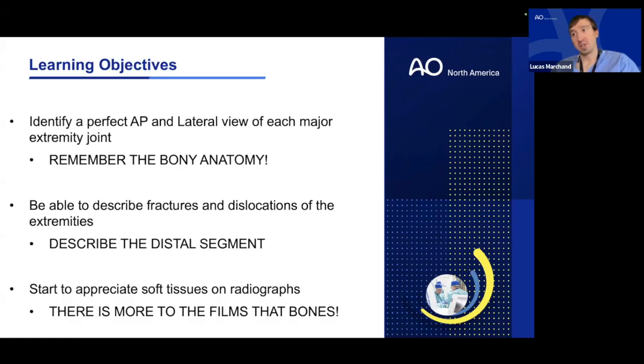Hopefully you learned, and honestly, most importantly, how to describe fractures and dislocations of these body segments. Make sure when you're describing displacement of fractures or dislocated joints that you're doing so with reference to the distal segment involved. And then finally, appreciate all the other things you can learn on plain film radiographs. There's more than just the skeletal anatomy to be seen.